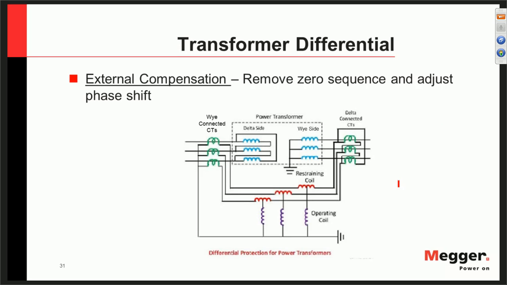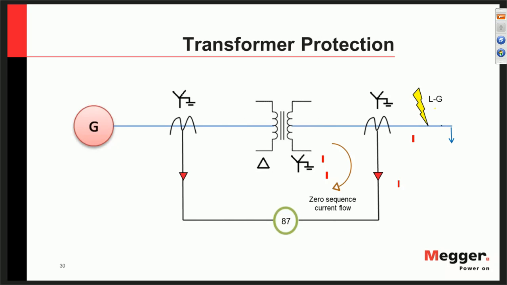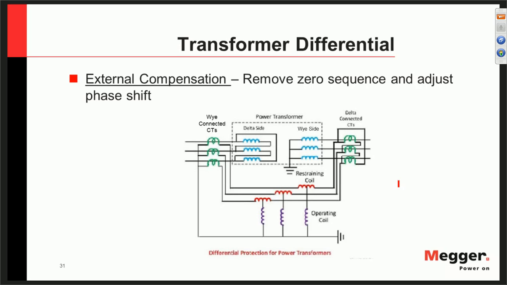So now you know the idea of symmetrical components, and you know that I have zero sequence current flowing. Now you would think, is there a way that I can eliminate that zero sequence current flow to not trip my transformer for external faults? Yes, there is a way.